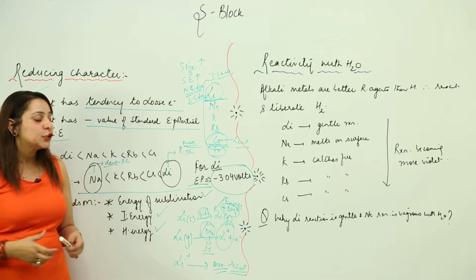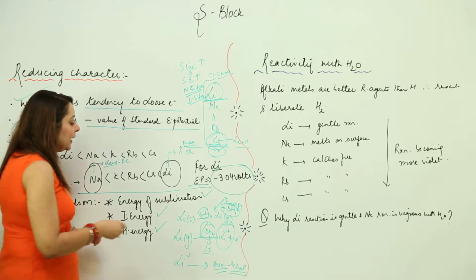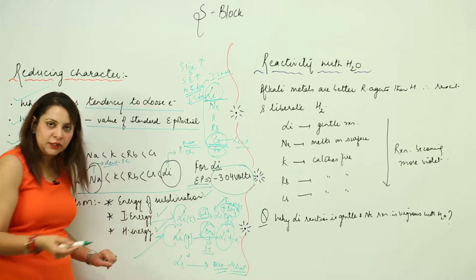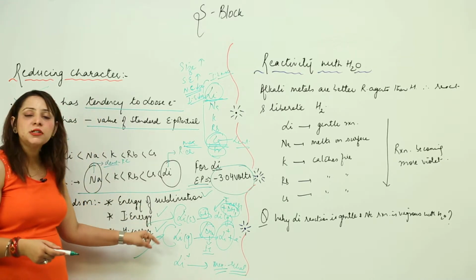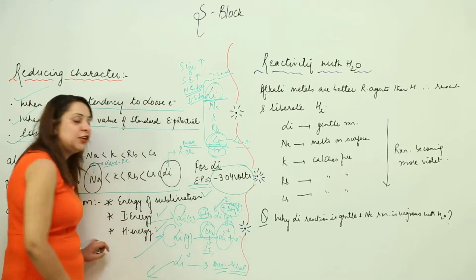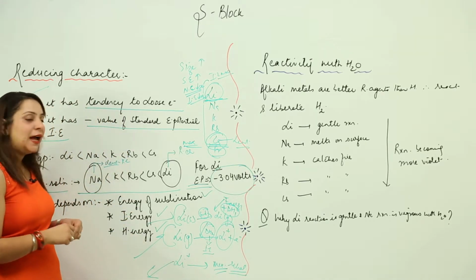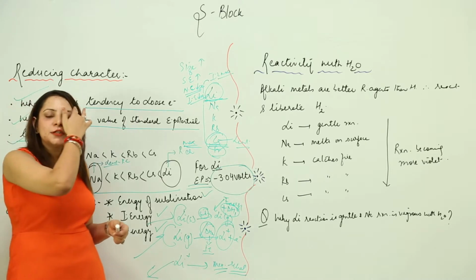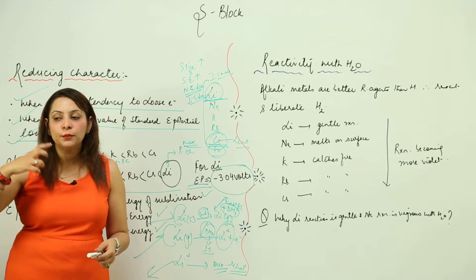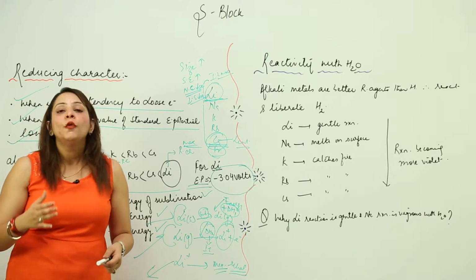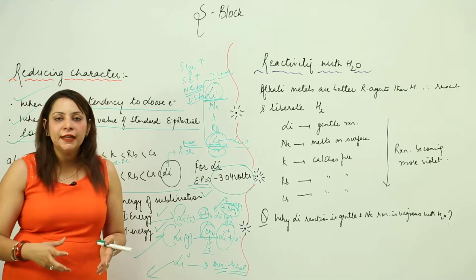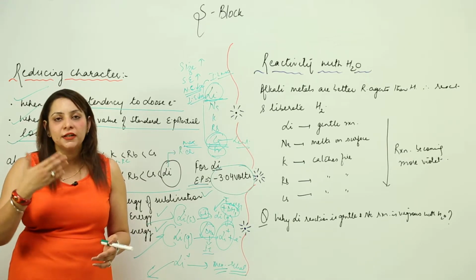So in the first two steps we need to supply energy from outside, meaning these first two steps are endothermic, and the third step is the one in which energy is released. For any substance to act as a better reducing agent, or to have the most negative electrode potential, the condition should be that the energy released is more than the energy absorbed.